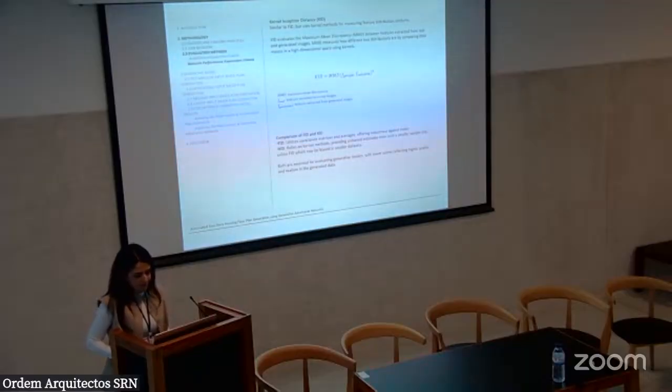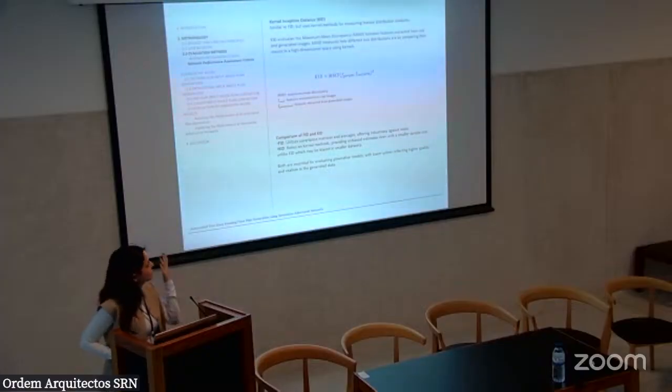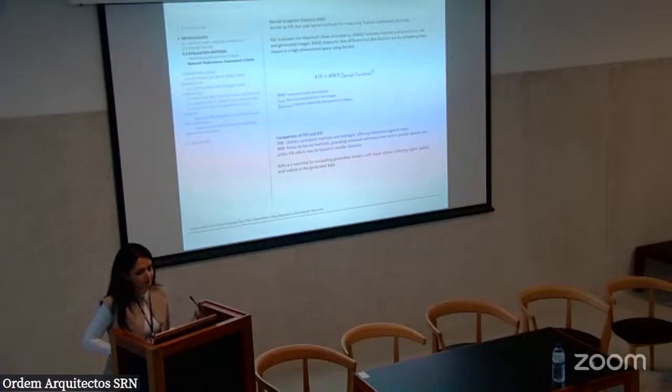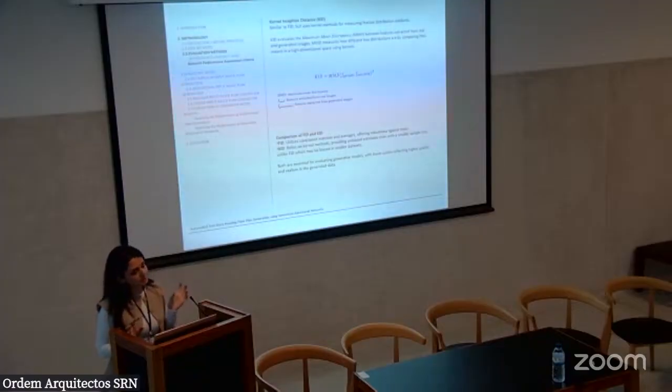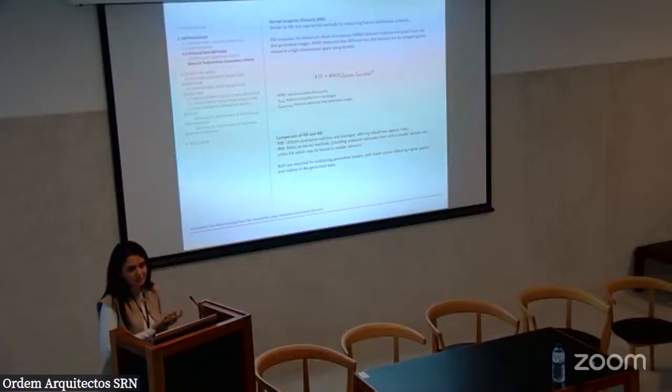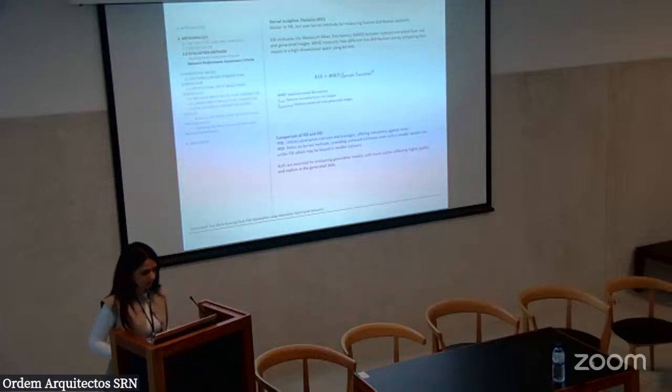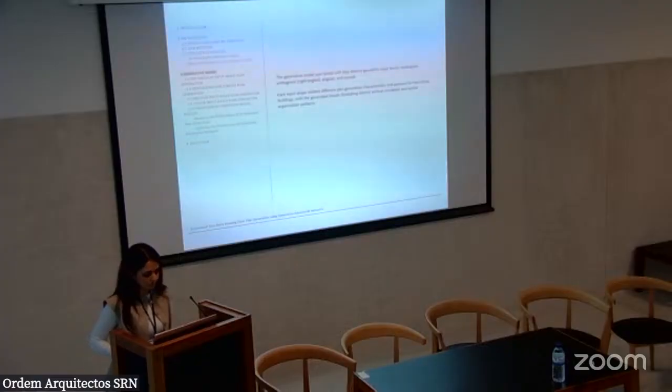So both are essential for evaluating generative models, but it should be noted that in terms of architectural results, it just calculates the difference between the ground truth image and the generated image, but in architecture, the result doesn't have to be the same as the ground truth image. It can be another floor plan that can actually work.